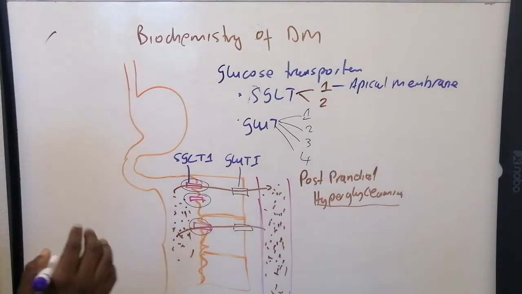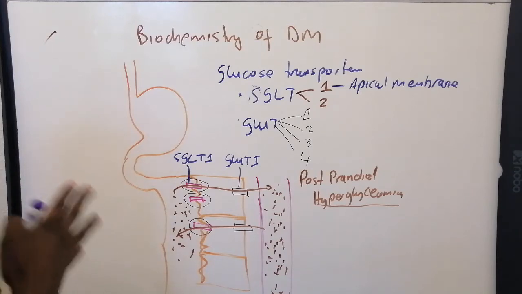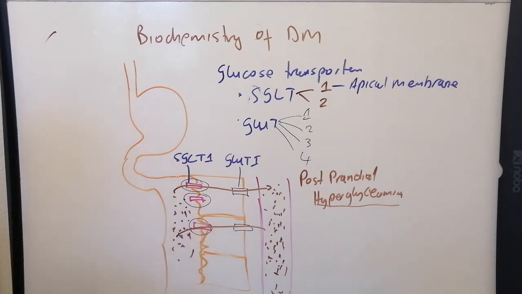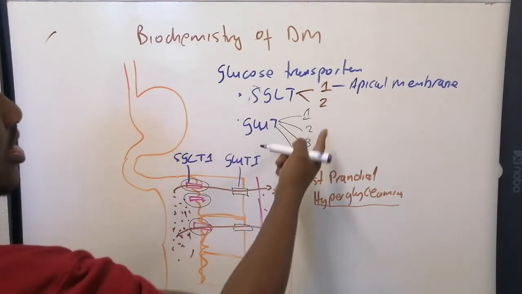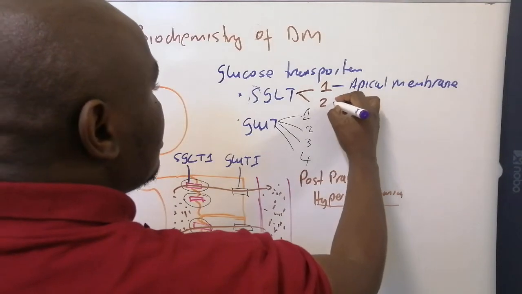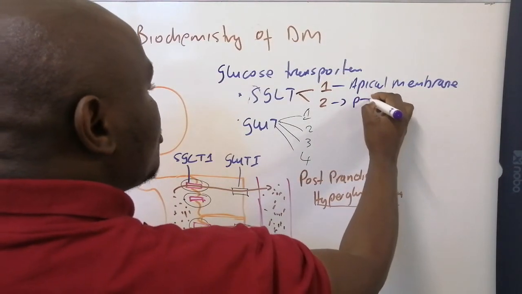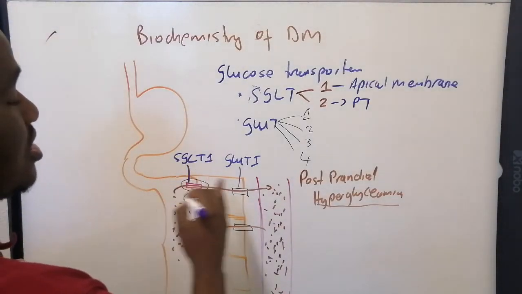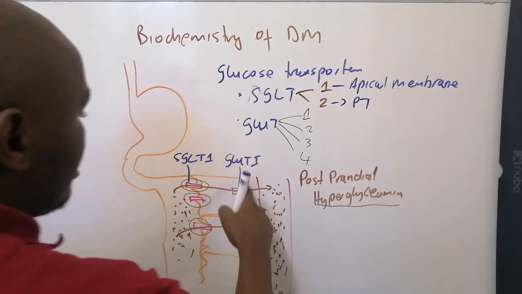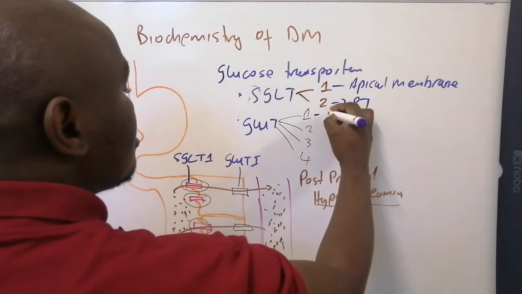The apical membrane is the side of the enterocyte that is facing the lumen. SGLT2 is found in the kidneys, specifically the proximal tubule. Glucose transporter 1 is found in the basal membrane of the enterocytes.